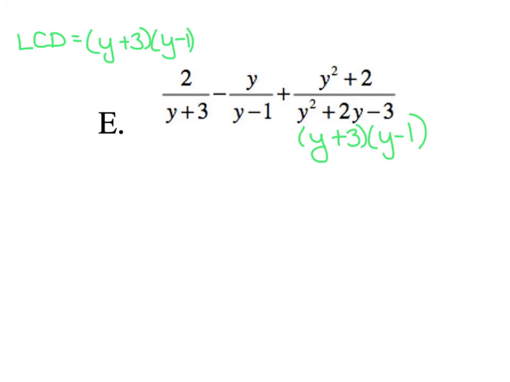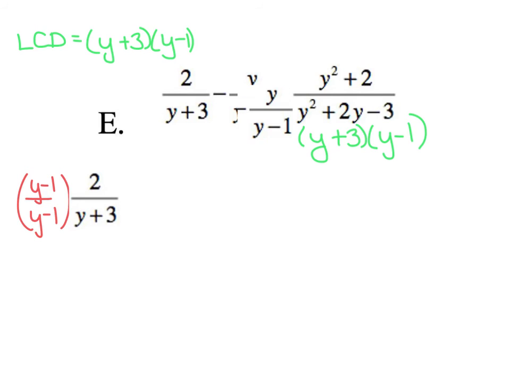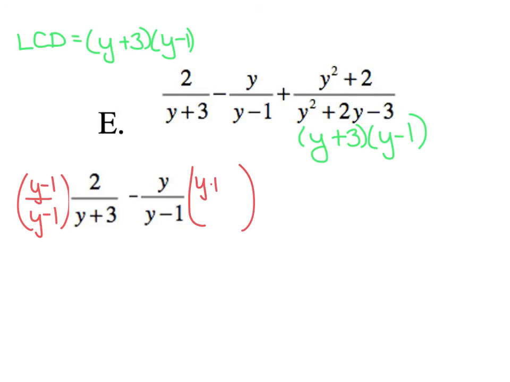So I'm going to just space this out a little bit. I'm going to need to multiply this first expression by y minus 1 over y minus 1 so that it has the common denominator. My second expression, which is minus y times y minus 1, is going to need to be multiplied by y plus 3 over y plus 3 to create a common denominator.